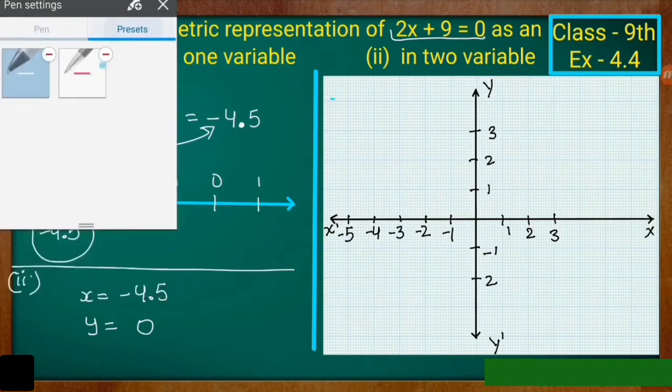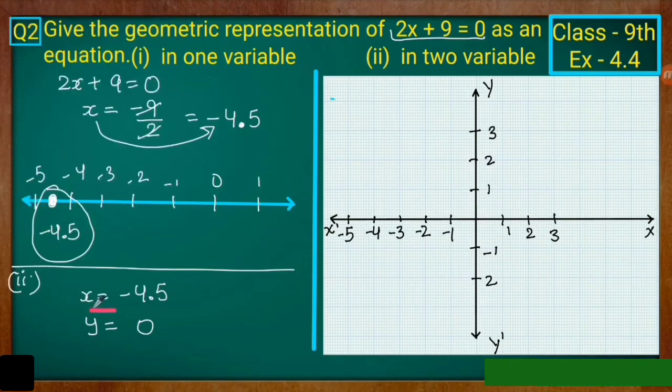So we have to move to the negative x, which is on the left side. It lies between minus 4 and minus 5. Between 4 and 5, you can see here we have 10 small boxes, so we have to make a mark at their center. Minus 4.5 and y is 0.